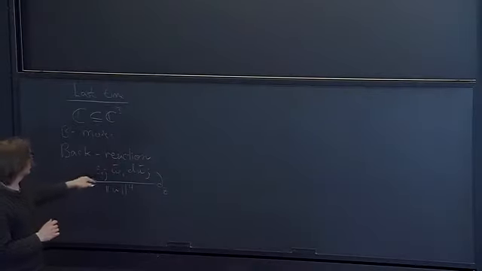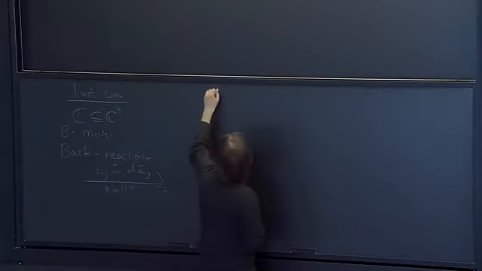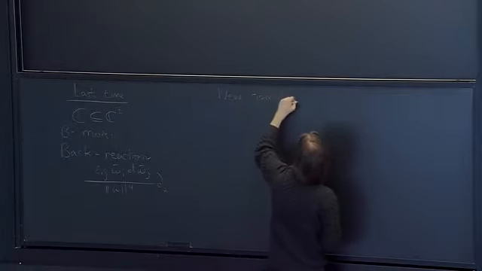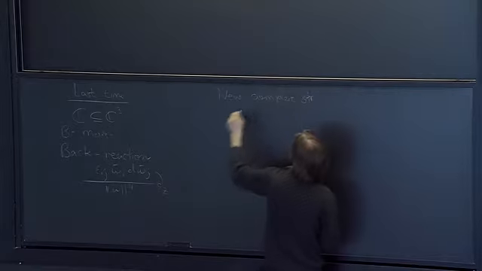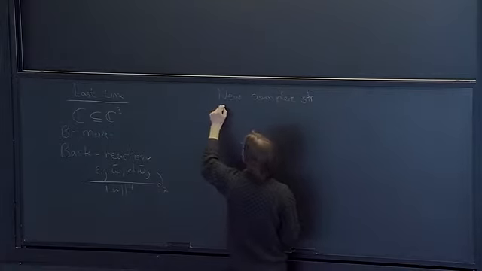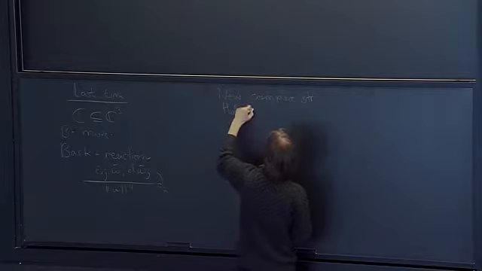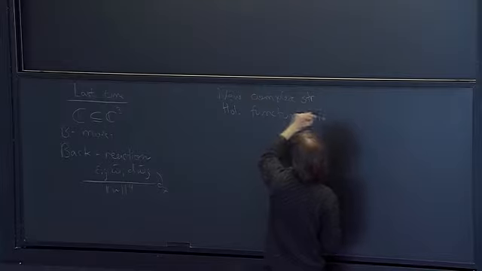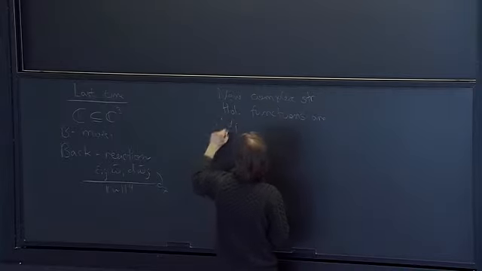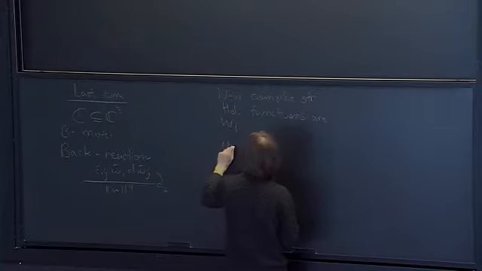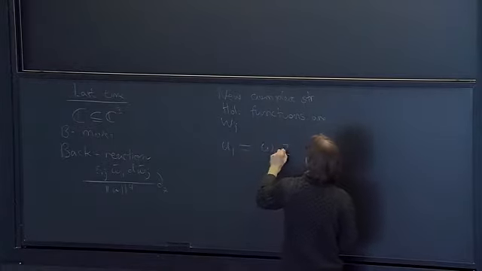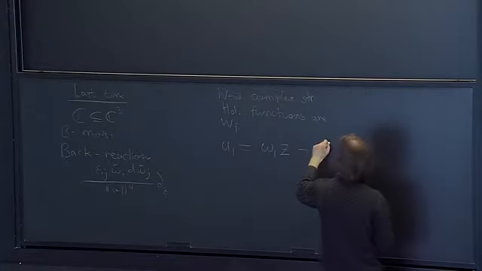Complex structure given by this Beltrami differential, the holomorphic functions are w_i and u_i. u1, which is, say, w1 z minus w2 bar w squared.